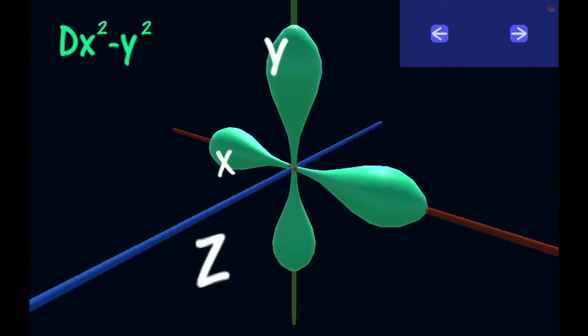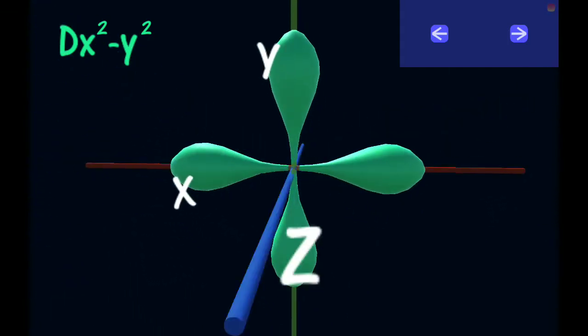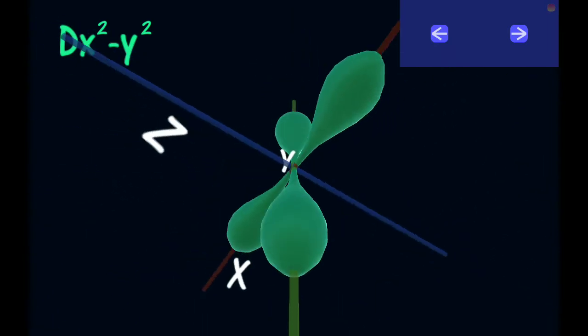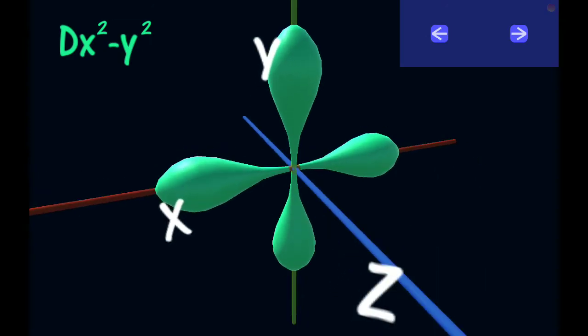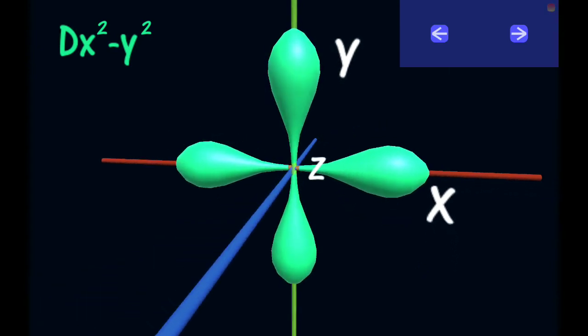Along the z-axis there is no probability of finding an electron. This is not in the xy plane, but is oriented along the x-axis and along the y-axis, as you can see. The green colored rod is the y-axis and the red colored rod is the x-axis.